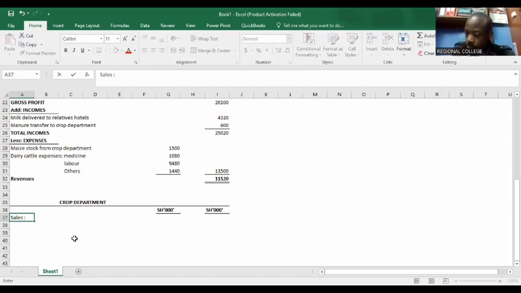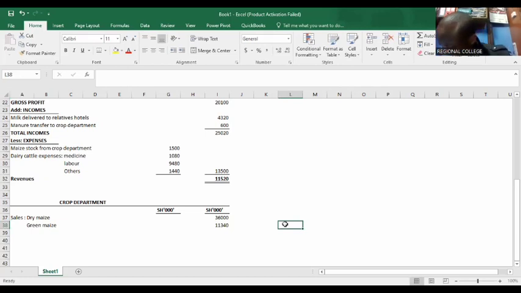We start with the dry maize, 36. Then we have green maize, 11,340.